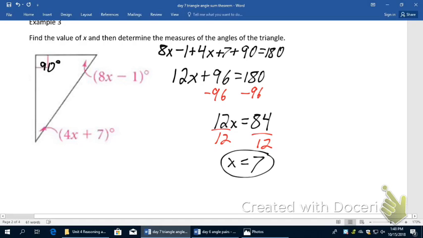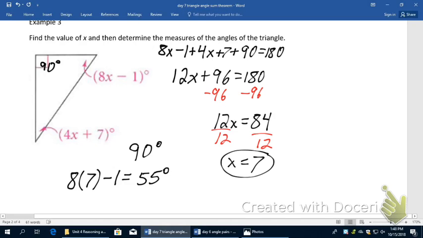Now that was one of my answers. It also said determine the measures of the angles of the triangle. Well, one of the angles is 90 degrees. I'm going to go ahead and jot that down. Now to find 8x minus 1, I'm going to plug in the 7 for that x. So I'm going to do 8 times 7 minus 1. And that's going to come out to 55 degrees, because 8 times 7 is 56, and 56 minus 1 is 55.